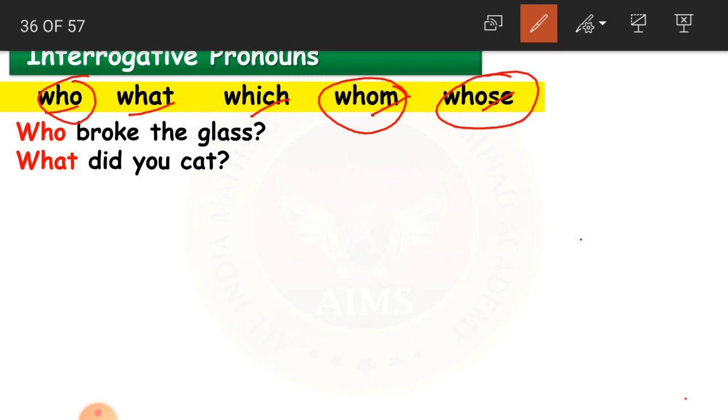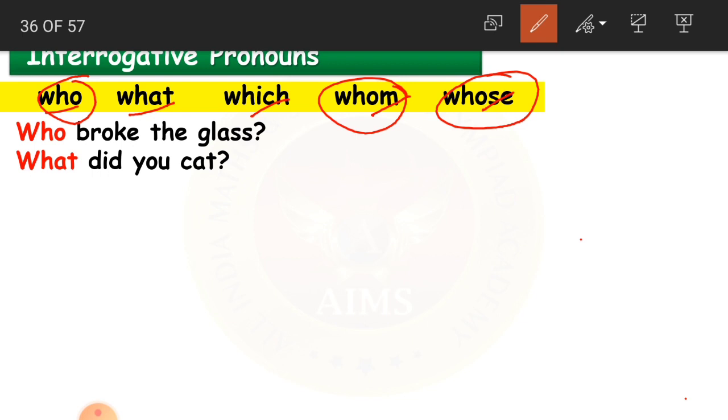For example, who broke the glass? We want to name some person, maybe a boy, girl, man, woman. And if you say what and which, we refer to objects, things.